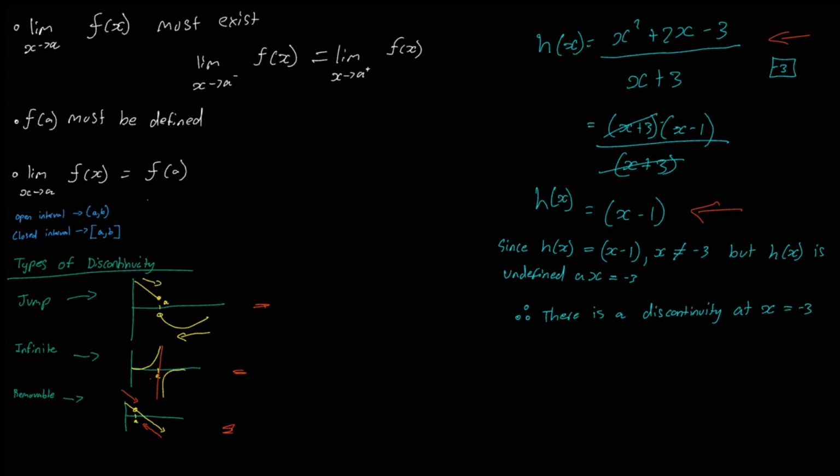So we can write that h of x when x is equal to negative 3 is a removable point of discontinuity. And that would answer the question.